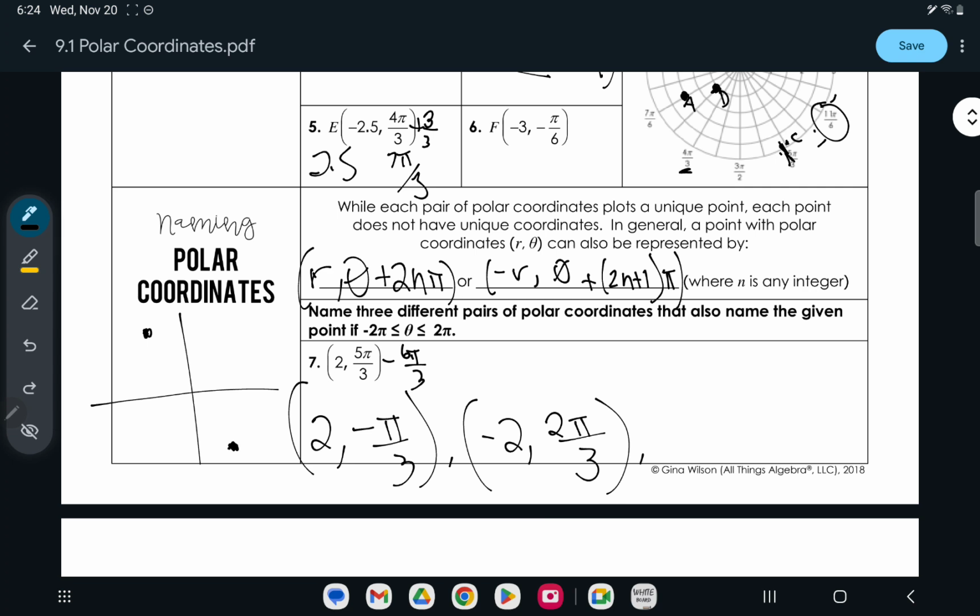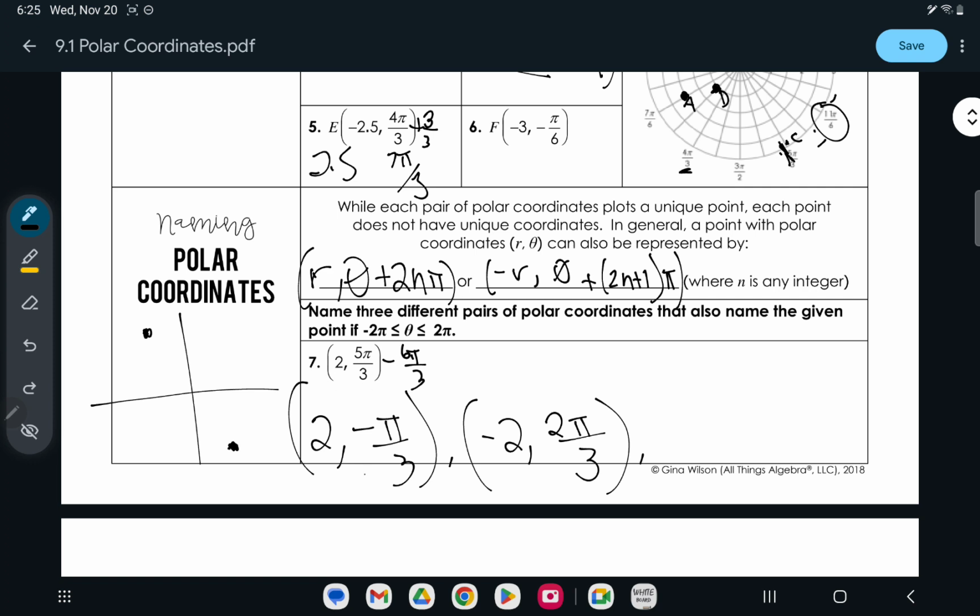I just had it in my head. It's gotta be between negative 2 pi and positive 2 pi.